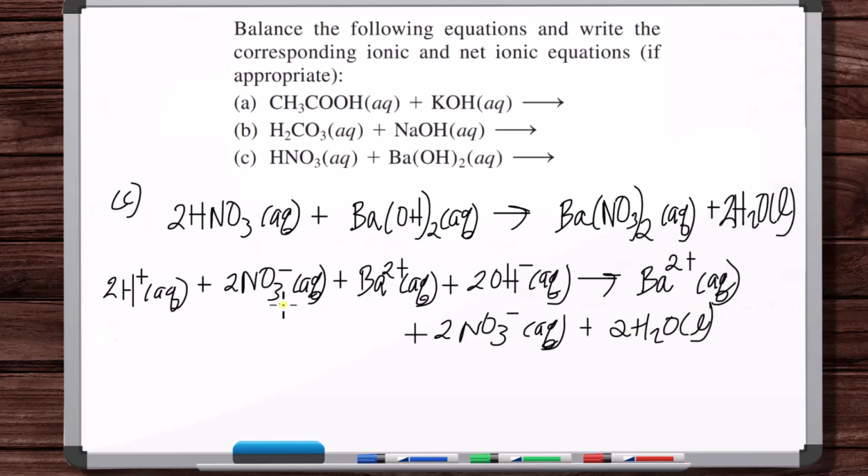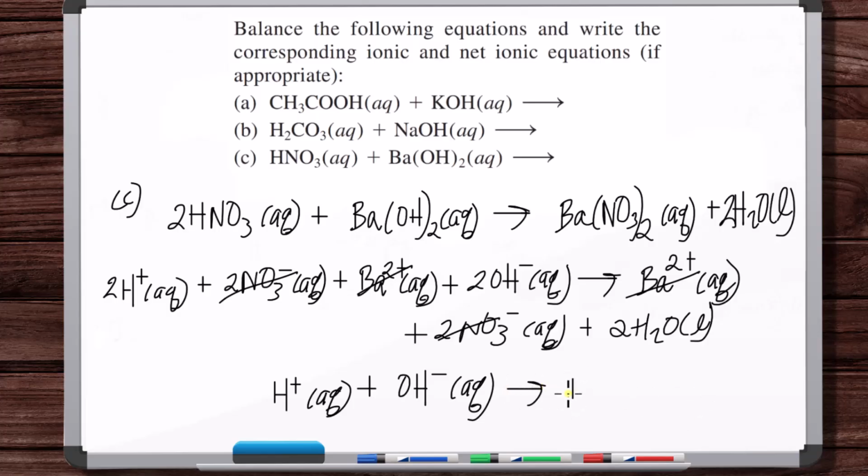Okay, there's the ionic equation. Now let's cancel the spectator ions, and we're left with the net ionic equation, which is, so you have 2H plus 2OH minus gives 2H2O, but the 2 is redundant, so we can just write this as H plus plus OH minus gives H2O, and there's the net ionic equation.